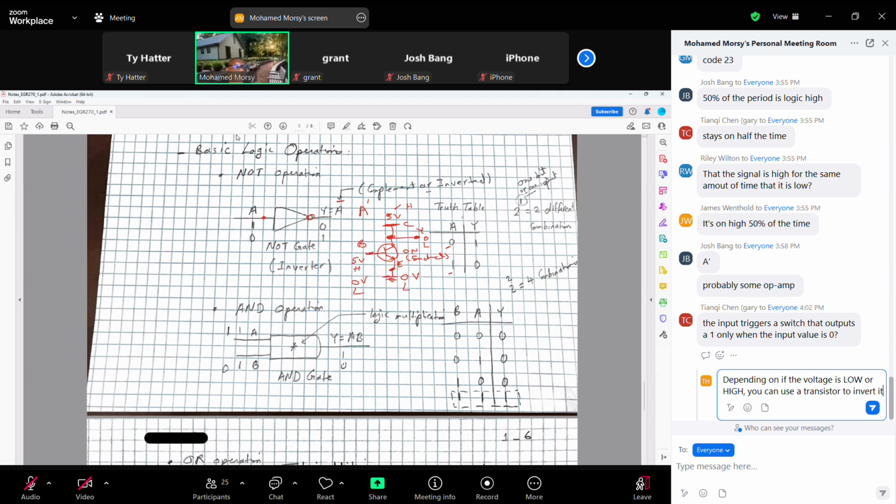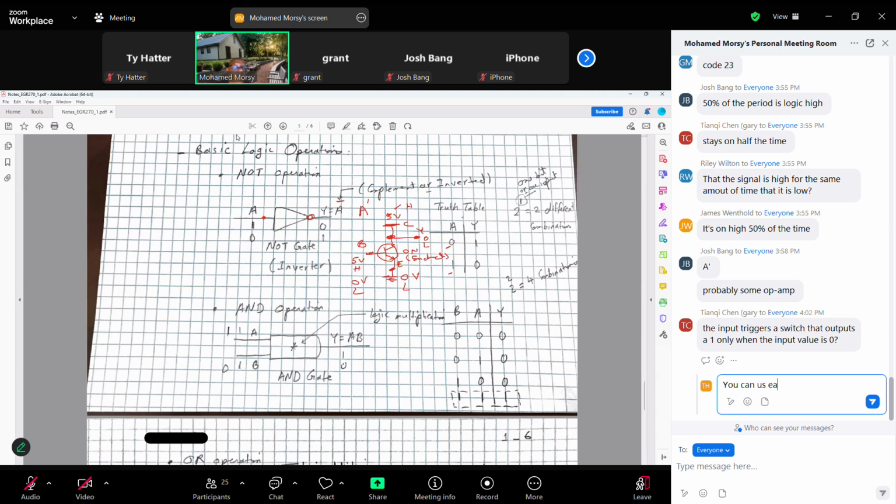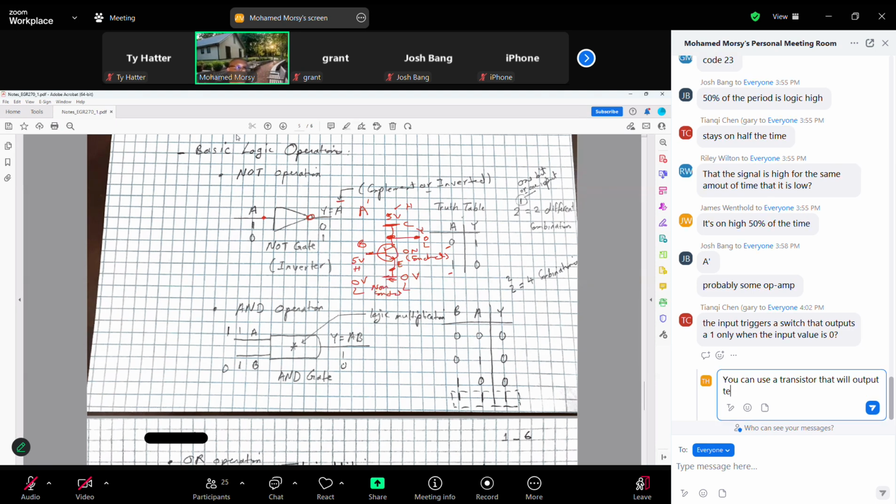If the voltage on the base is equal to the voltage on the emitter, or less than, the transistor is off, or non-conductor.